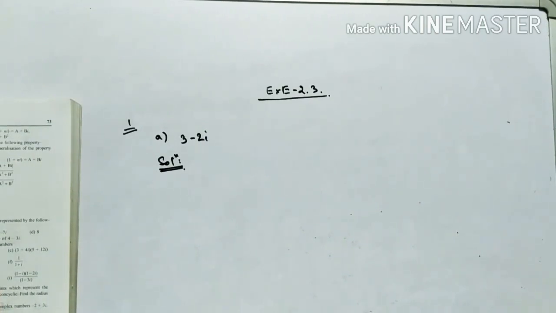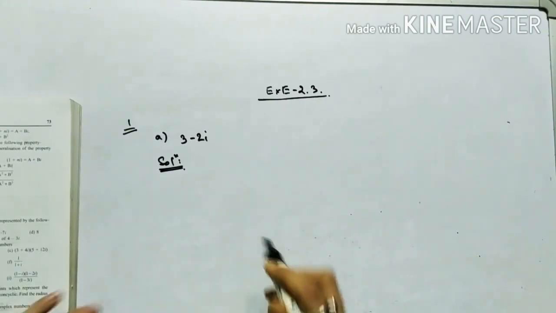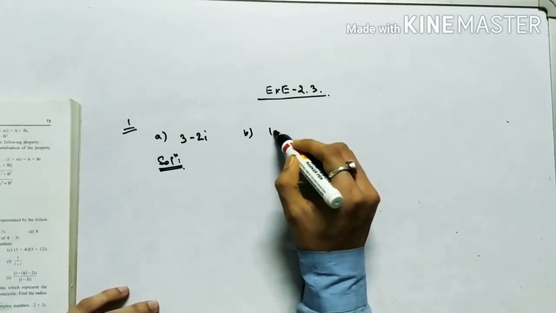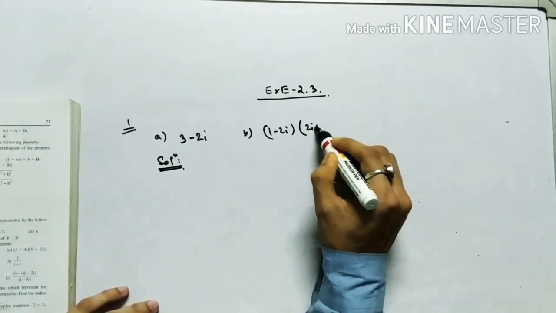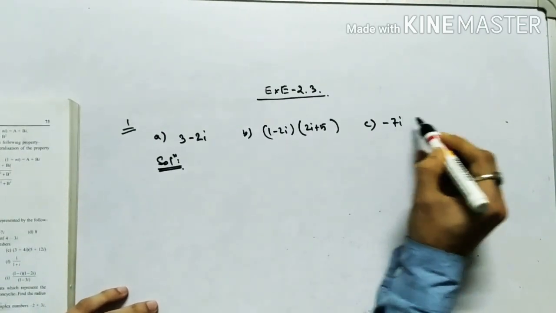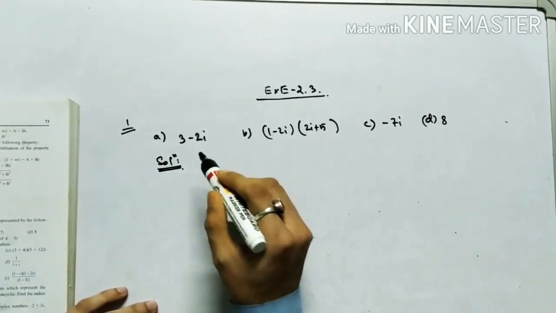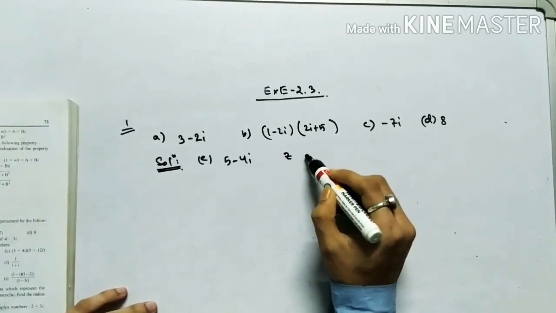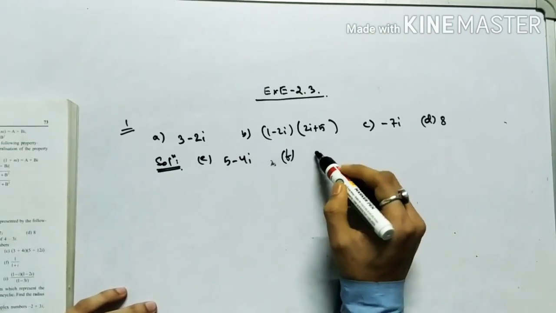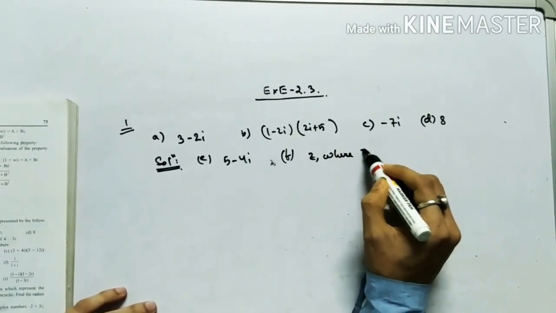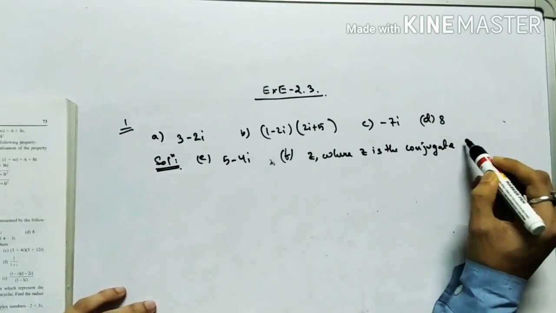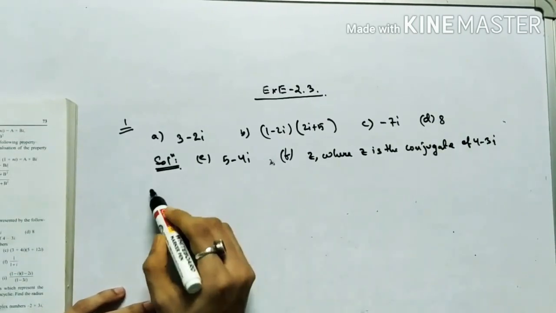Hello students of class 10, this is your exercise 2.3. So first question: plot the points on the Argand plane which are represented by the following complex numbers.